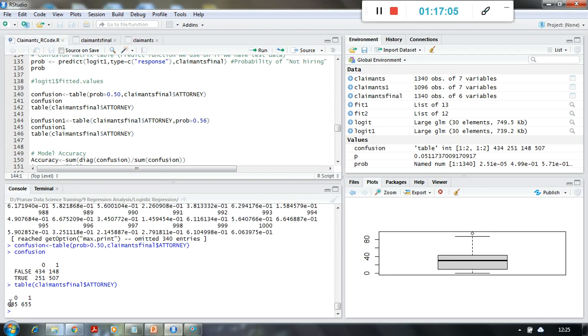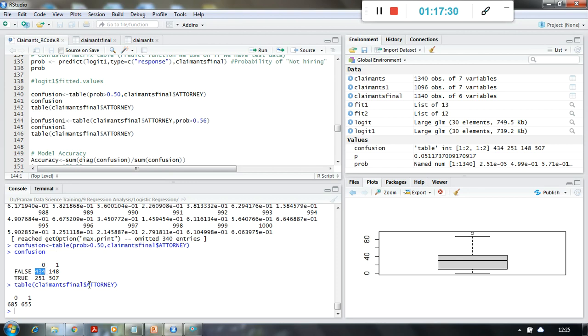So originally we have this many zeros and this many ones, but my model has predicted this many zeros and this many ones, and that is why it is called a confusion matrix.